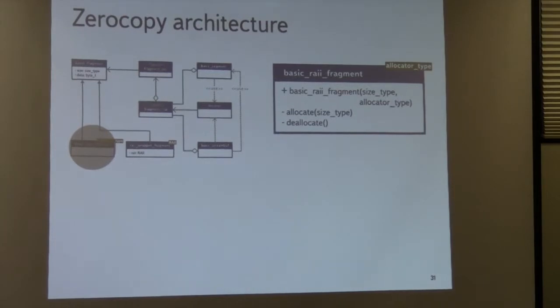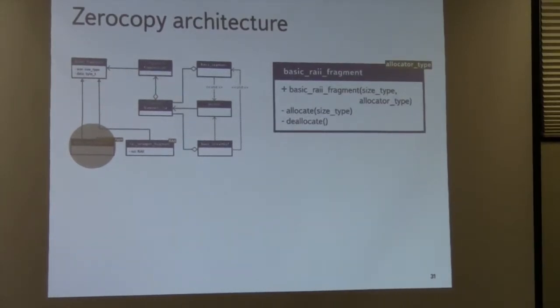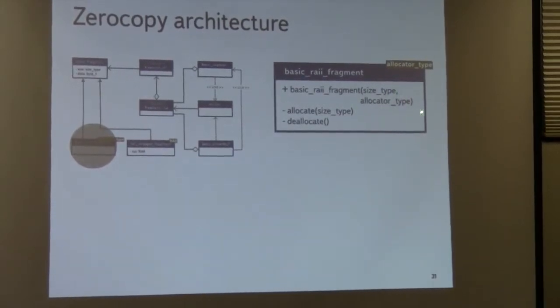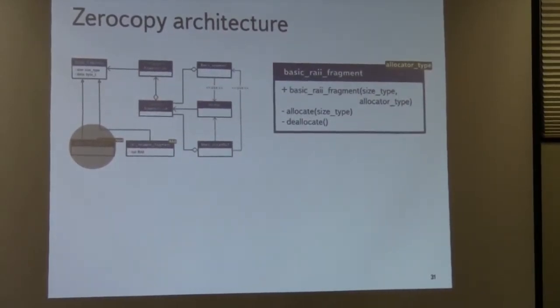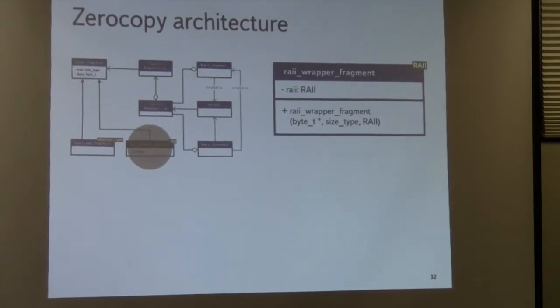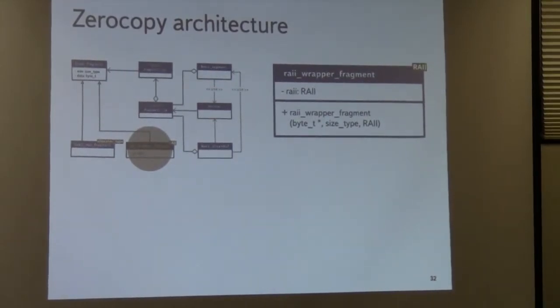The allocator can be specified with the template parameter and with the constructor parameter. And here is the next derived class, with a strange name, RAII wrapper fragment.